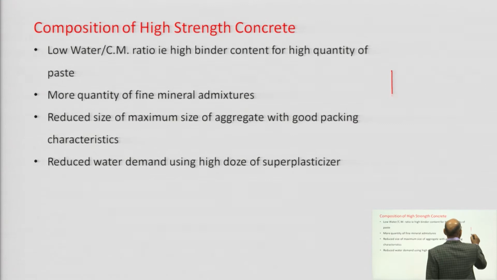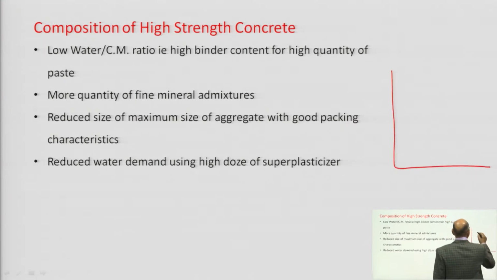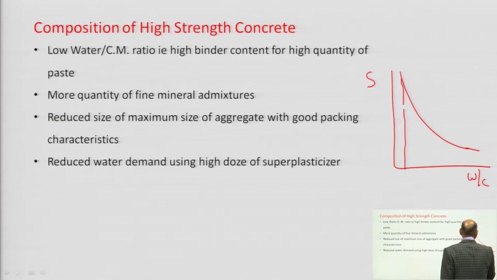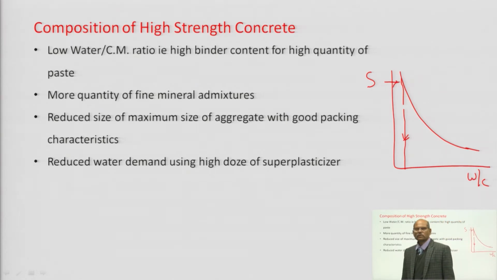Low water cement ratio means, if you see Abraham's curve, this is the water cement ratio and this is the strength. So if you want to produce high strength concrete, the water cement ratio should be on the lower side.